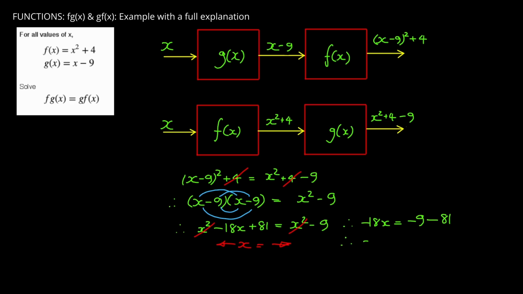Simplifying further, we get negative 18x is equal to negative 90. And therefore, losing the negatives, we get x is equal to 90 divided by 18, and that is equal to 5. And that is your answer.